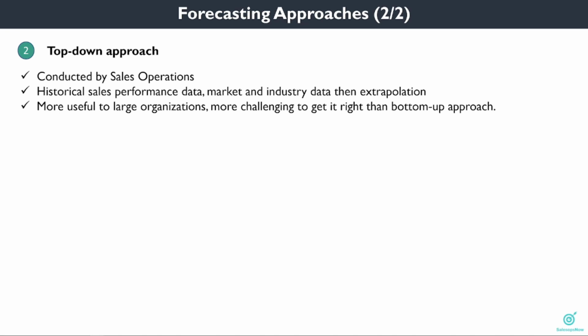Top-down forecasting can also take into consideration market and industry data such as market size, growth rate, penetration rate, and market share. In practical terms, most businesses combine those two approaches one way or another, using different techniques over different forecasting cycles.